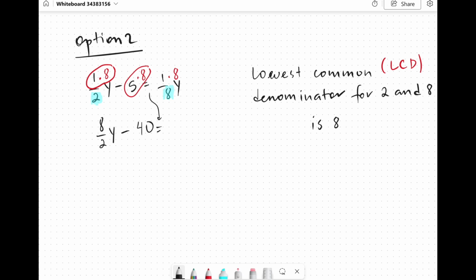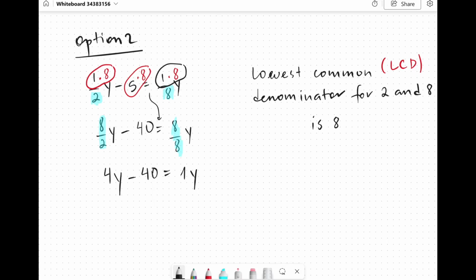The last fraction, 1 over 8 times this 8, becomes 8 over 8 with the y. Now I will simplify each fraction. 8 over 2 is nothing but a 4 with the y. Then you have your 40 with the negative sign. And then 8 over 8 is 1 with the y.